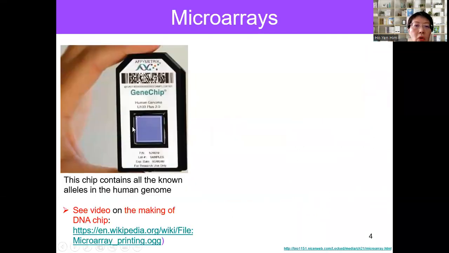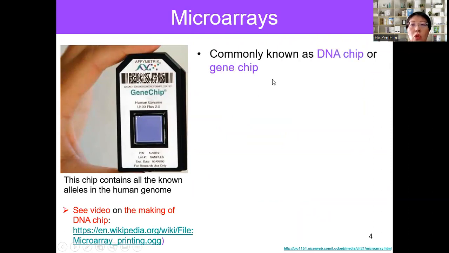This microarray is also known as a DNA chip or gene chip because it's very small, but in this very tiny object, it contains a lot of information, in this case many DNA probes. Just like your ATM card or your IC, you have a chip that is gold in color.